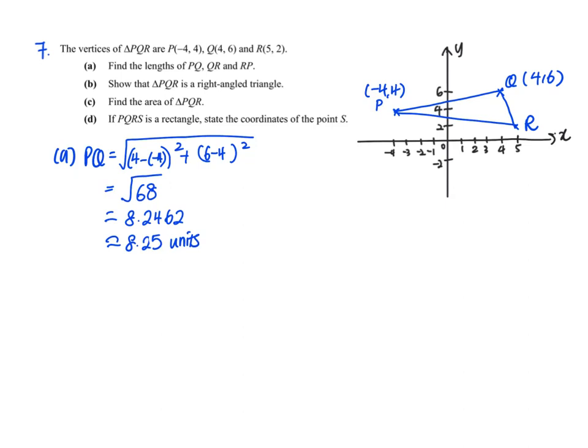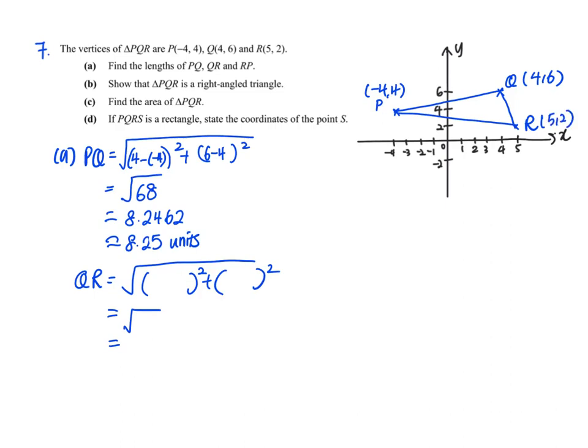Right? We'll do something similar for QR and RP as well. So QR will be equal to something square plus something square. Like I repeat again, since I need to use the length later to show that it's a right angle triangle, I'm going to find the square root of the exact number first. Okay, QR, R is the point (5, 2).